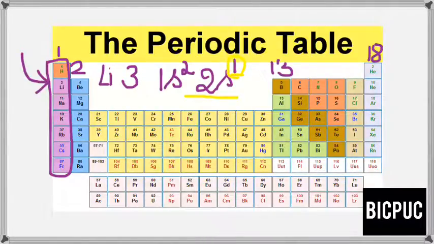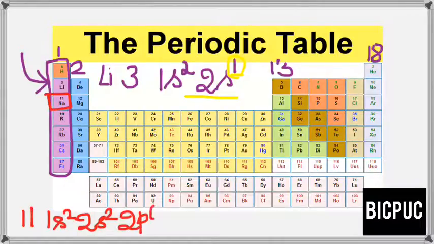What is true for lithium is also true for the next element in the same group, namely sodium. Sodium has atomic number 11. So let us write its configuration: 1s2, 2s2, 2p6 and 3s1.